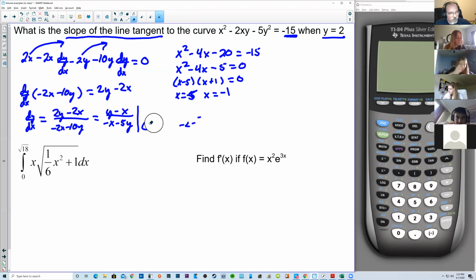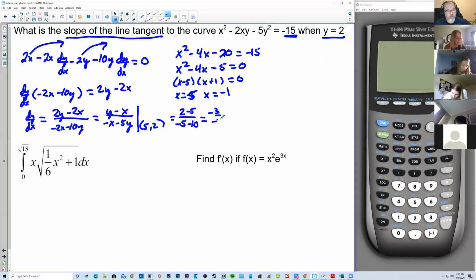Geez, you guys, you can let me know if I mix it up. It's 5, 2. x is 5, y is 2. All right, so 2 minus 5 over negative 5 minus 10. Negative 3 over negative 15, so 1/5. 1/5 for that one.